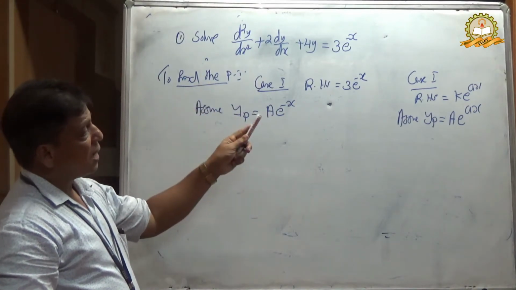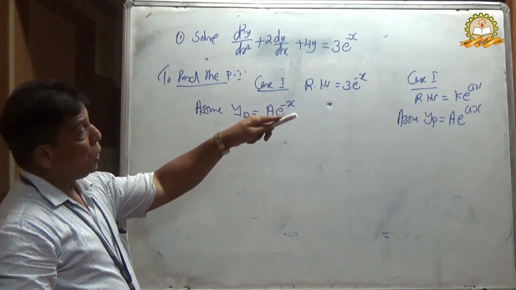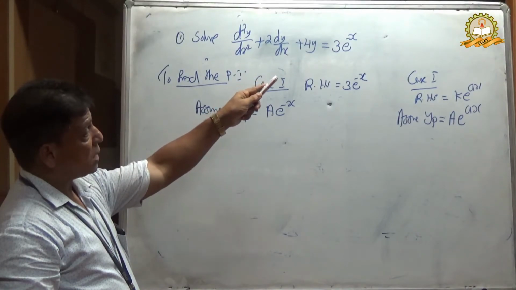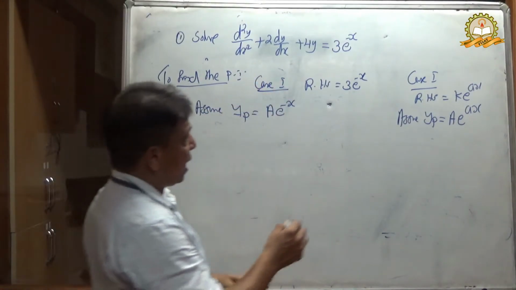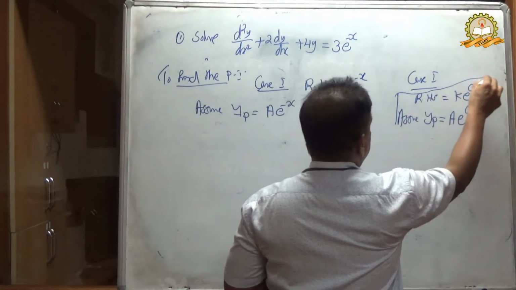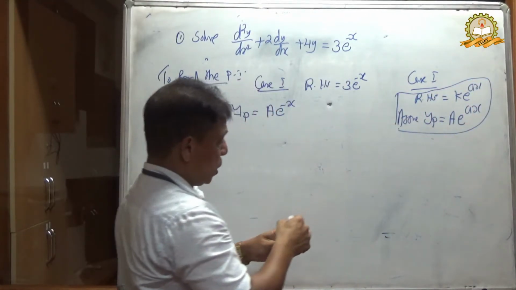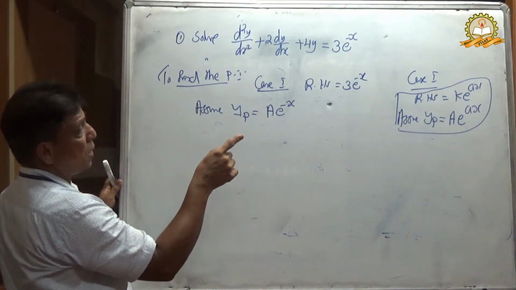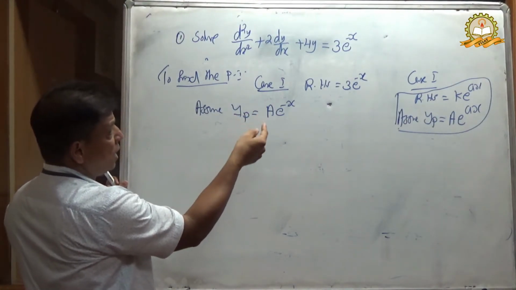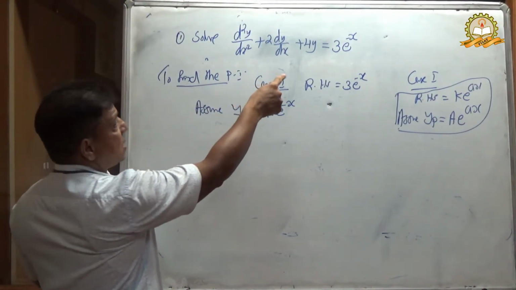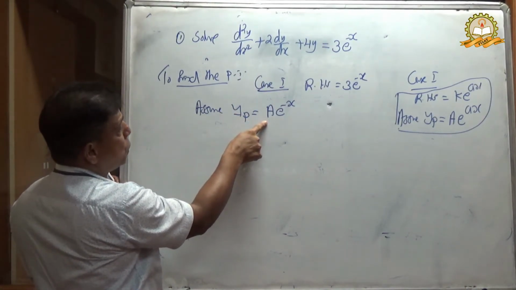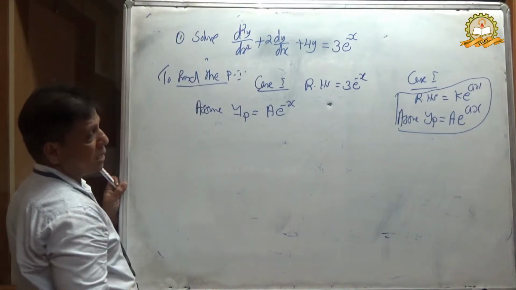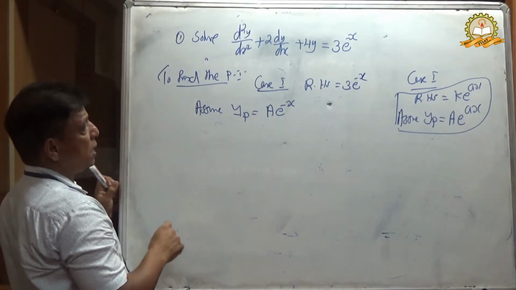When the right hand side is k into e raised to ax, we assume yp is equal to A into e raised to ax. Therefore, in this problem, with the right hand side 3 into e raised to minus x, yp is equal to A into e raised to minus x.